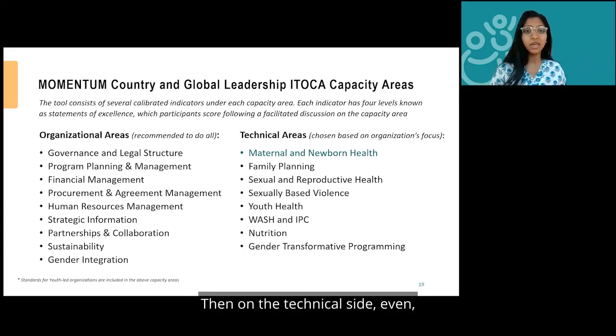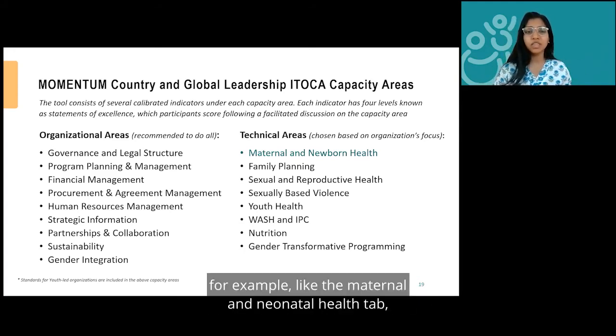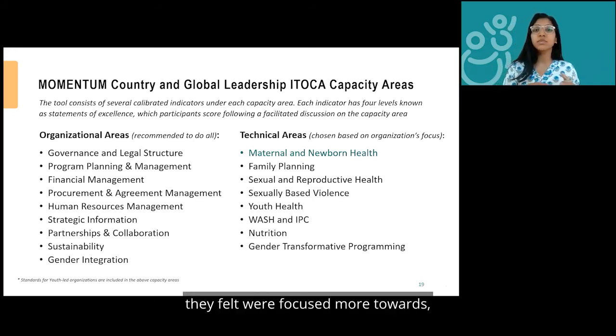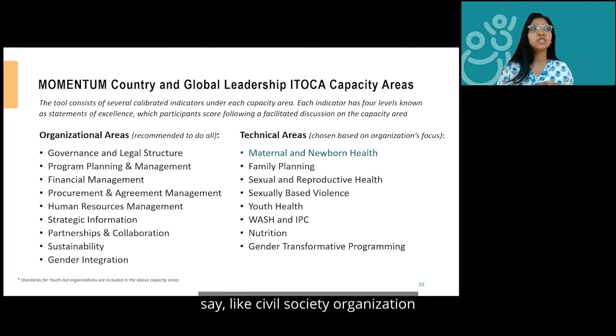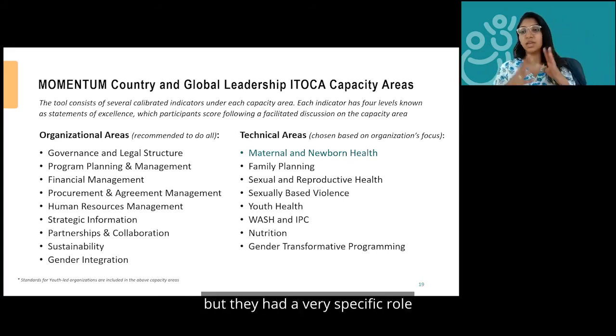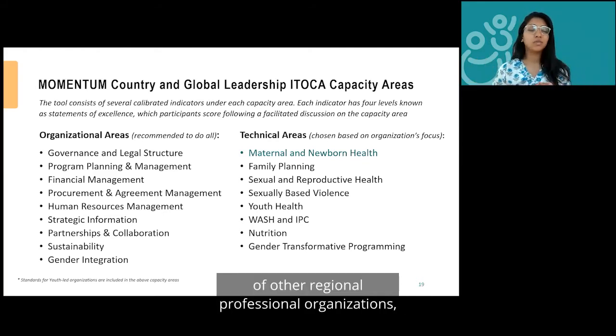Then on the technical side, for example, the maternal and neonatal health tab, a number of those indicators they felt were focused more towards a civil society organization working directly as an NGO within communities, but they had a very specific role as a professional organization of other regional professional organizations.